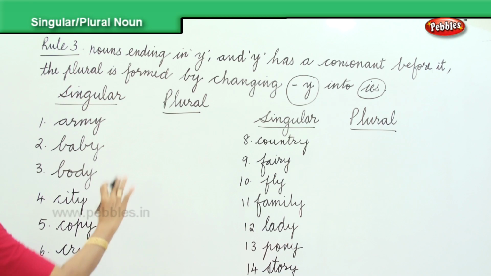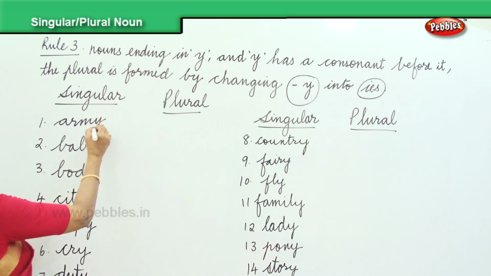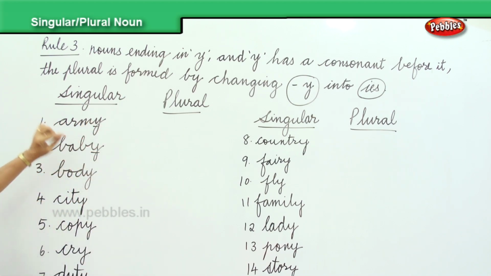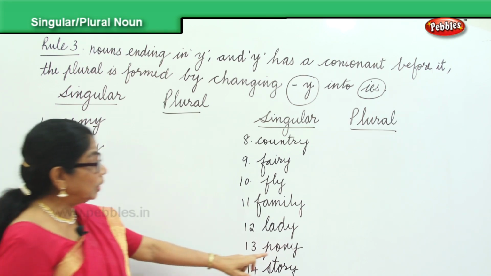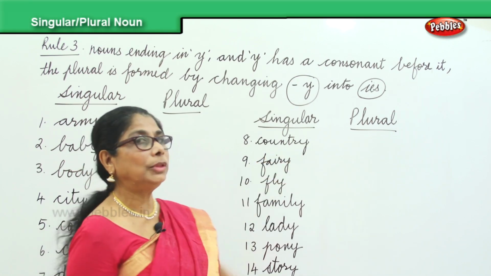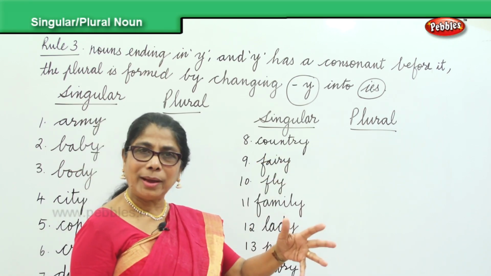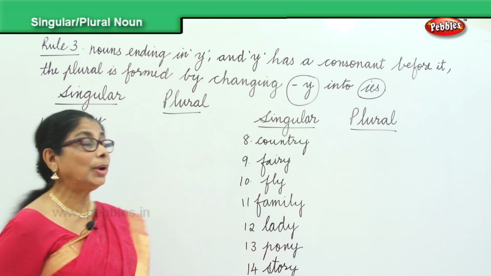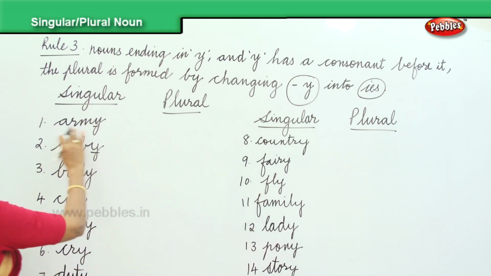Now, look at all this. In all this, it's all ending in Y. Now look at the consonant. Ending in Y, there is a consonant before the Y. For every word you check, there is a consonant before the Y. So we are going to take away the Y and we add IES to form the plural number. Let's do the first one.